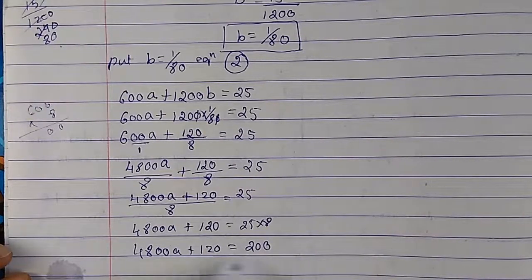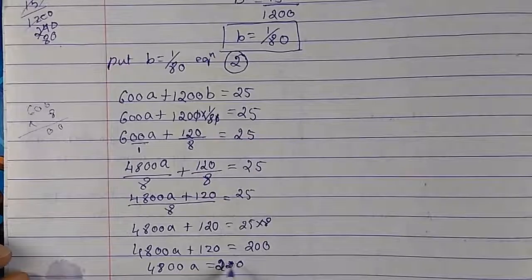So now let us bring this to this side. 4800a equal to 200. 120 comes this side, becomes minus. So we'll get 4800a equal to, when you subtract, 80.